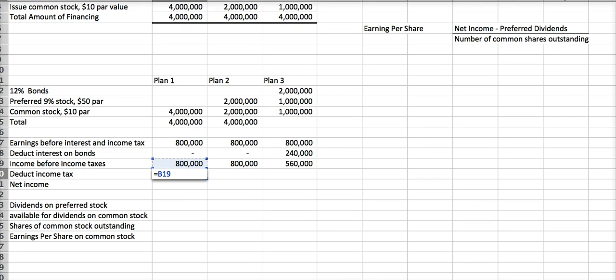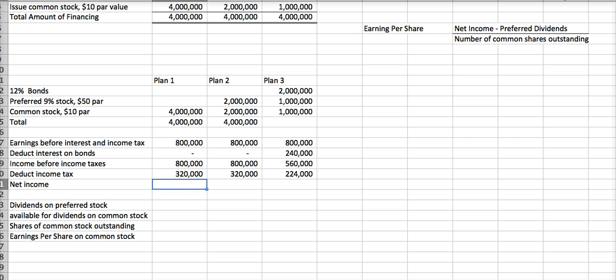It's going to be the same thing, 800,000 times 0.40, and here it's going to be less because we have to reduce our net income by that bond interest, so it's going to be 560,000 times 0.40, so our income tax expense will be less.